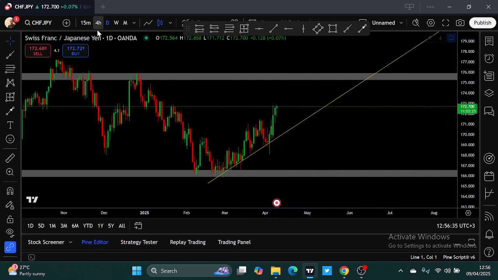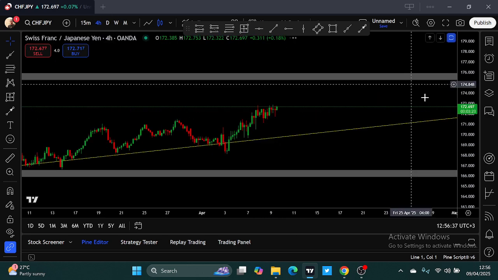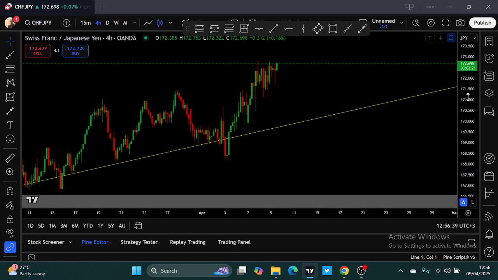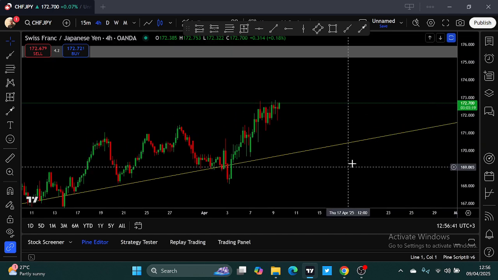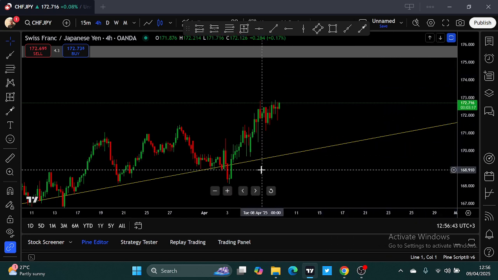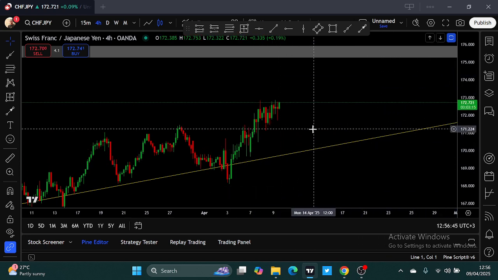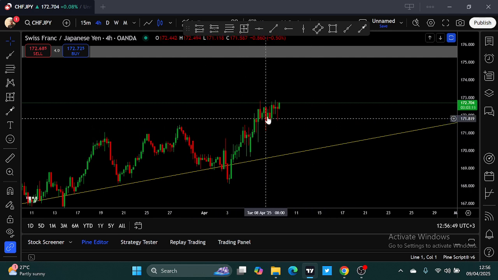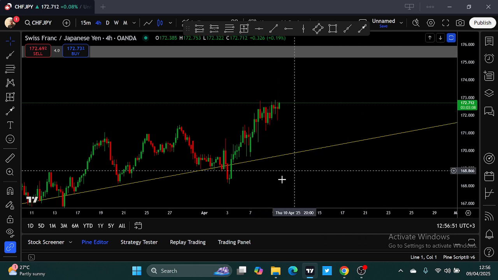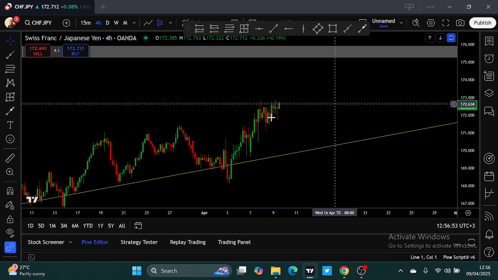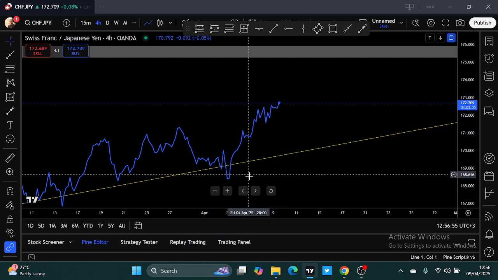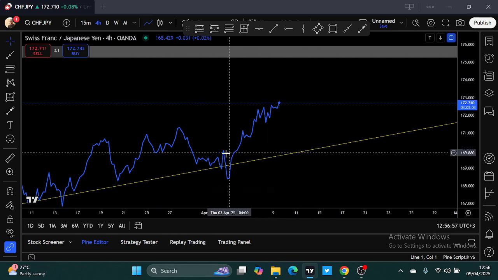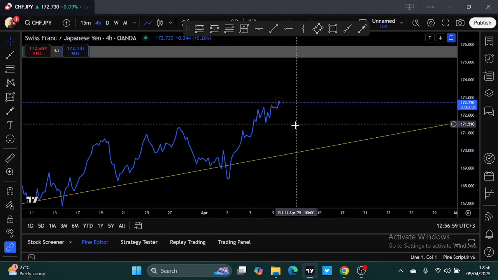So now I will drop to the 4 hour to see what price is really doing. When I come to the 4 hour, it does not give me anything significant. It broke this area here, retested it with this week, and now it is going up. So this market is too linear, so I'll just wait because I can't see any trend lines that are drawable.